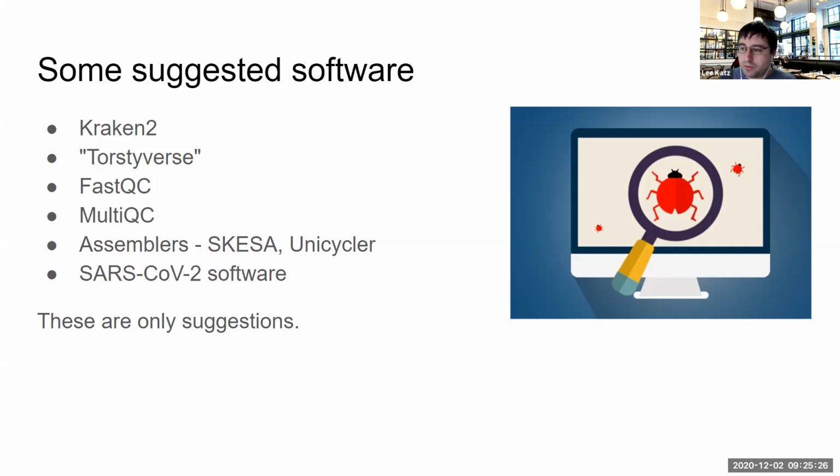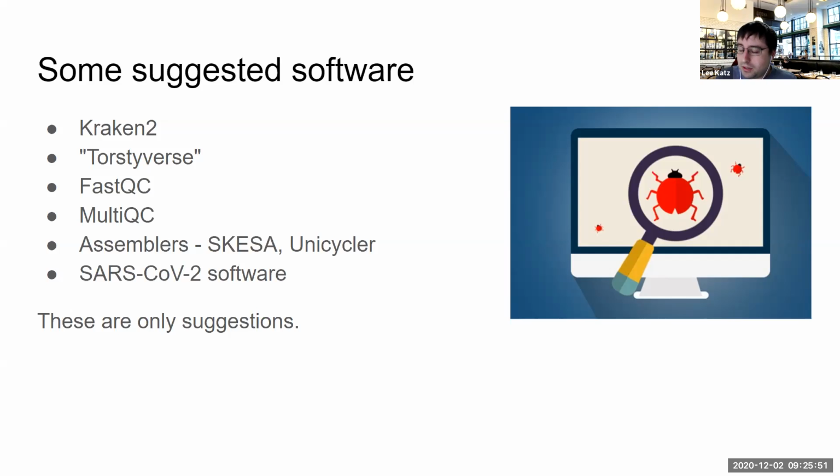Some software in the Torstiverse may or may not still have unit testing, so please do test that. A lot of that is central to what we do from day to day. We found that FastQC and MultiQC might not have unit tests. Some assemblers that we look at, like Shovill or Unicycler, we couldn't find the unit tests. It doesn't mean that they're not there, but maybe they're not there.